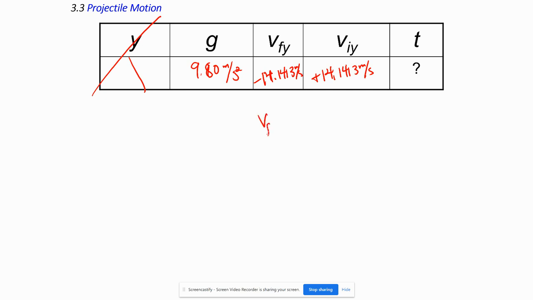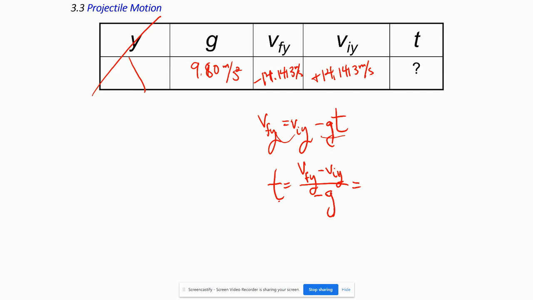So I plug those in: VFY equals VIY minus g t. Basically, I subtract VIY over to the other side and divide to get at t. So time is the difference in my velocities over minus g.